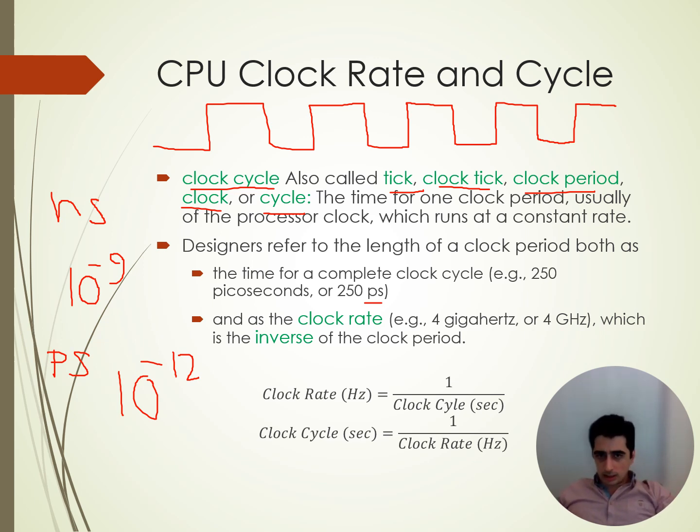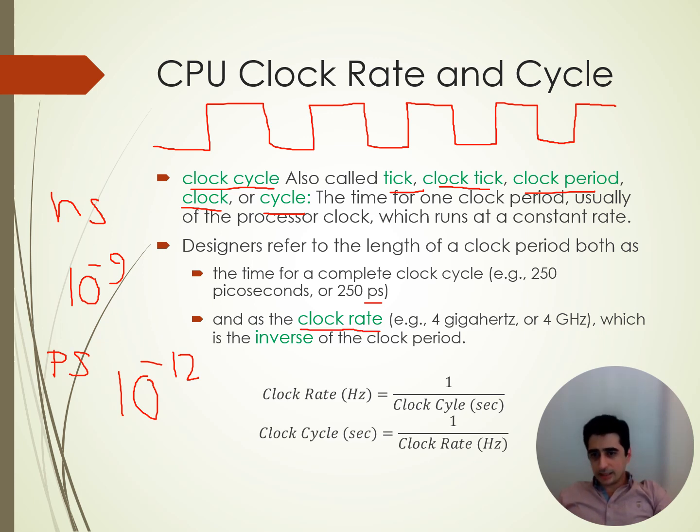And CPU clock cycle time is very important because it determines the CPU performance, and it appears in many of the formulas related to CPU performance and the whole computer system performance. Also, for CPU, we have another quantifier, which is called the clock rate.